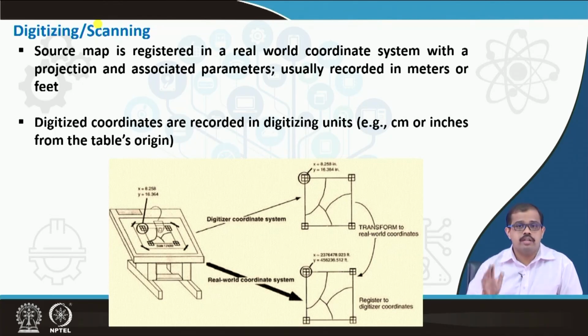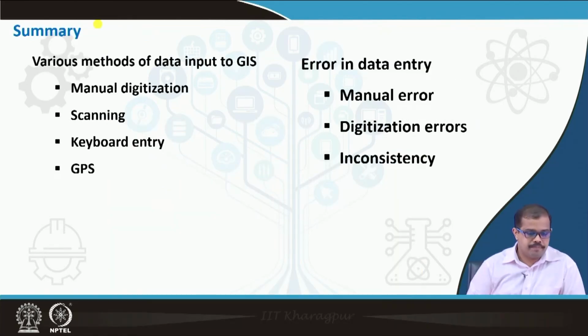How do you convert the real world phenomena into digitized world phenomena? When you are using a digitizing table, please keep this in mind. The way of digital measurement is very different from your real world measurement, so the conversion has to be significantly different. Please look at this and record it in your map or in your digitized format, so that the unit conversion is done in a proper way.